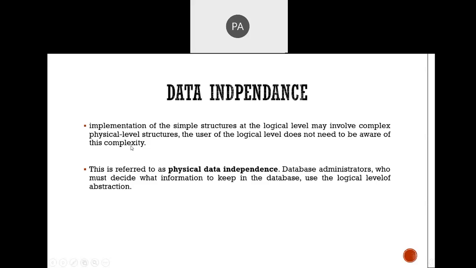This is referred to as physical data independence. Everything needs to be handled by the DBA. The DBA must know about the schema, the normalization, and the relationship, and if they don't know, the user has no responsibility for that relationship model. The logical level does not need to be aware of the complexity, but the complexity occurs in that case. The database administrator must decide what information is to be kept in the database, using the logical level of abstraction. That means the DBA must know about the logical level.